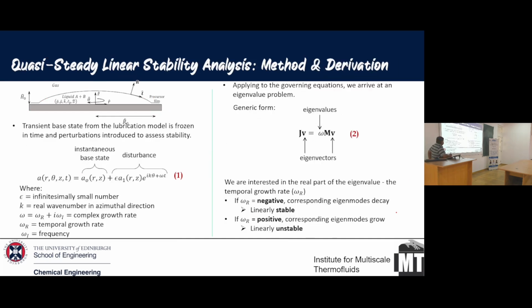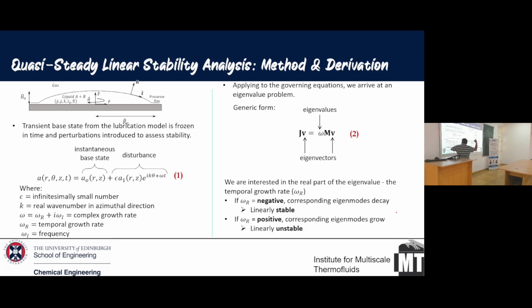So what we do is we again, like yesterday, we're going to do a quasi-steady linear stability analysis. So basically, we can freeze the base state in time as it evolves, and I'm going to show you why it doesn't work here. Okay. So basically, very similar to that, we will impose some sort of a perturbation amplitude.